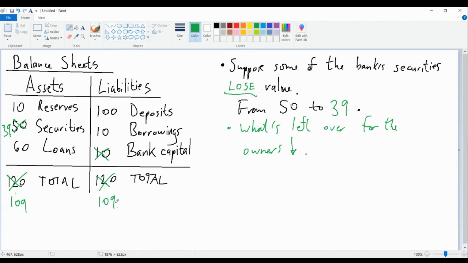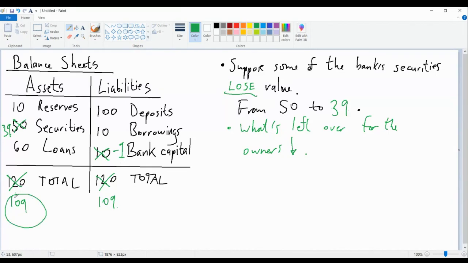Where did it come from? One of the liabilities has to change here. The deposits haven't gone anywhere, right? And the borrowings haven't gone anywhere. So it has to be the bank capital. The bank capital is what's left over for the owners. So that's 109 minus 100 minus 10, which gives us, oh dear, a negative number. What does it mean for bank capital to be a negative number?